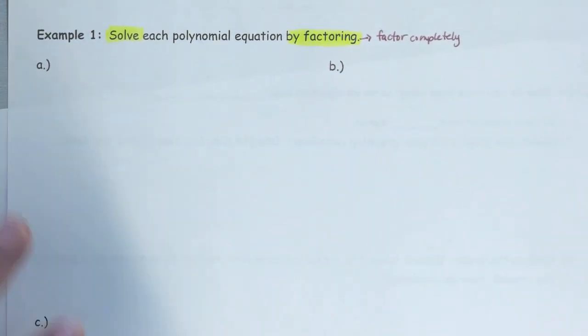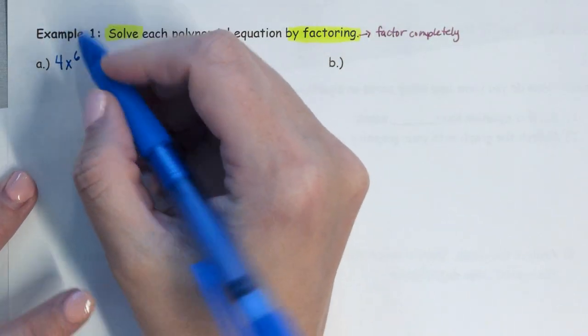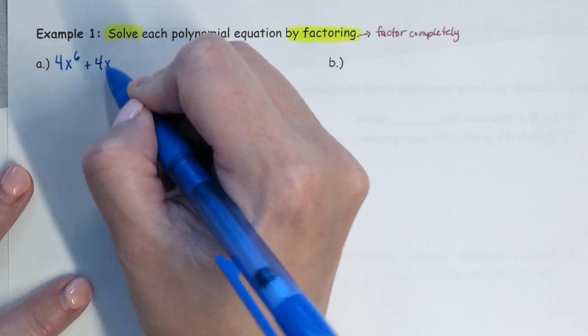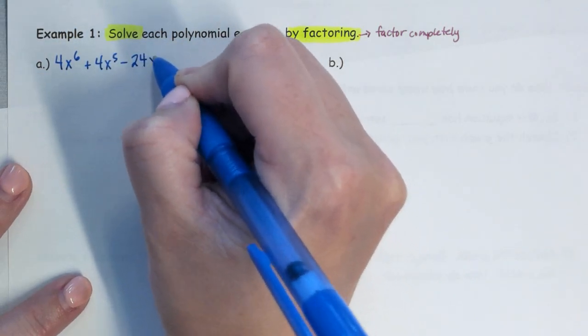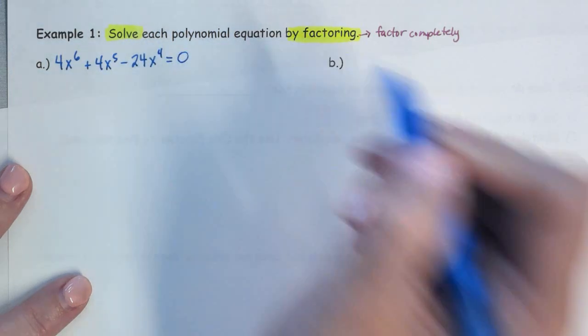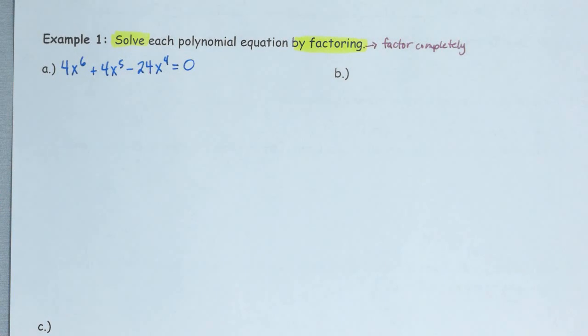Okay, so for part A, we have 4x to the 6th plus 4x to the 5th minus 24x to the 4th equals 0. So we already have everything on one side. I want you to go ahead and factor. Okay, factor all the way. And again, start with your first step.